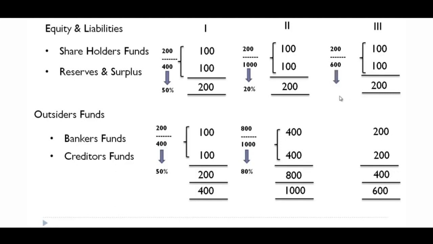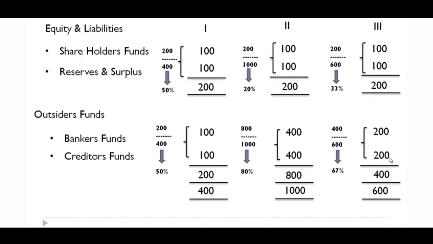So shareholder funds is basically how much? 33%. And here the outsider funds are 400 on 600, and it would give the ratio of how much? 67%.